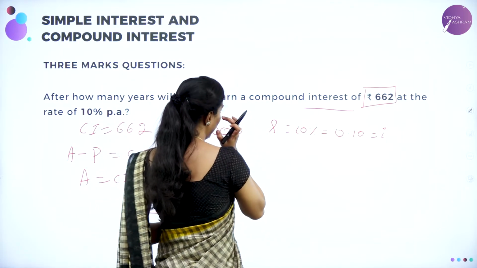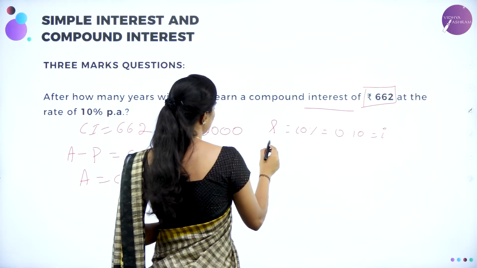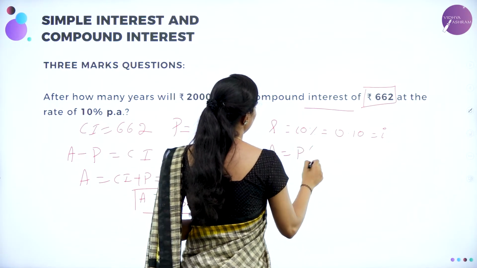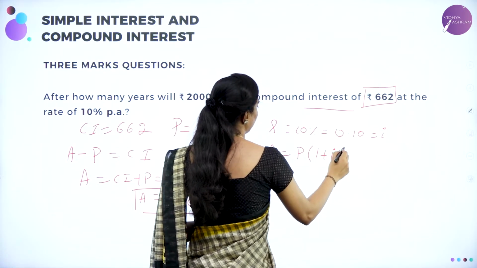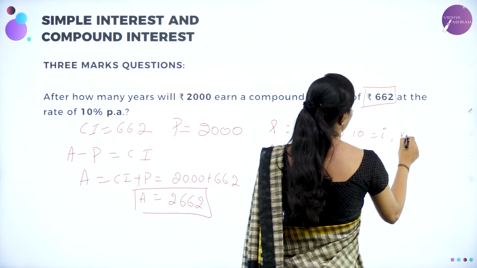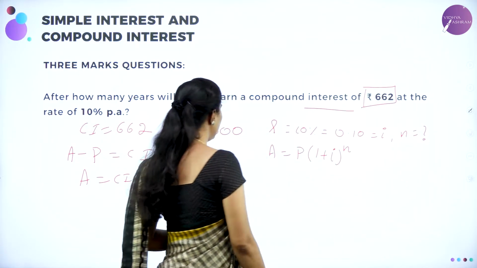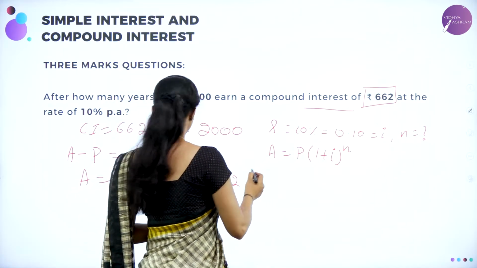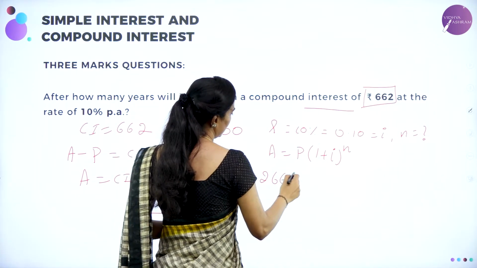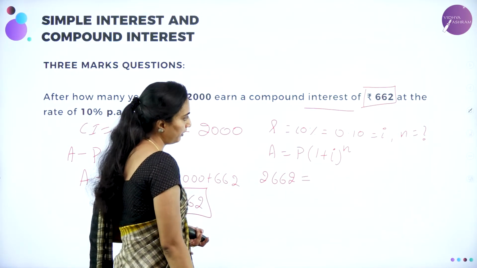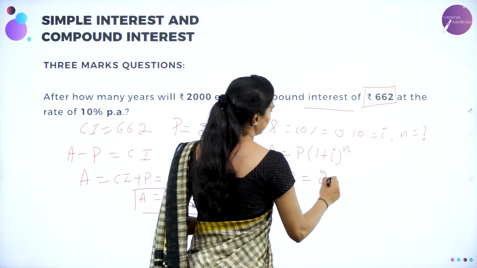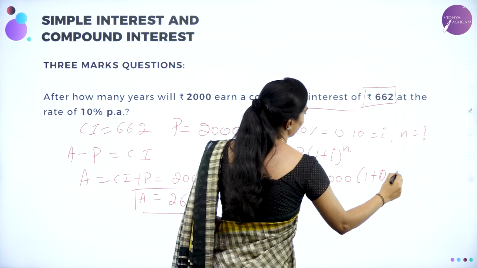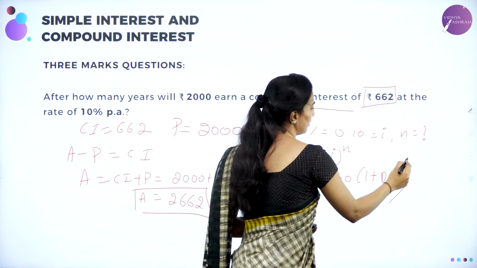Now let me calculate here. You are going to have A is equal to P into (1 plus i) whole to the power of n. We don't know n, they have asked you to calculate that only. So now 2662 is equal to P, which is 2000, into (1 plus 0.10) whole to the power of n.